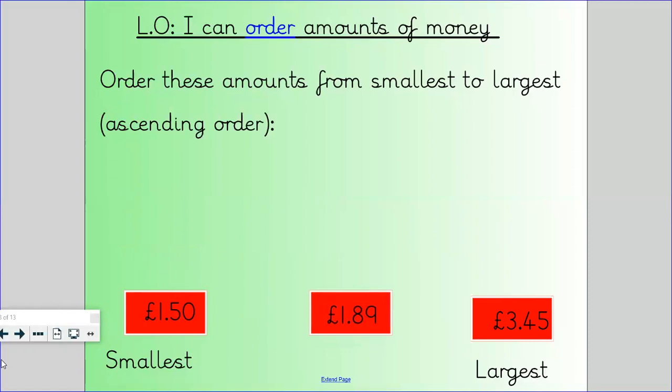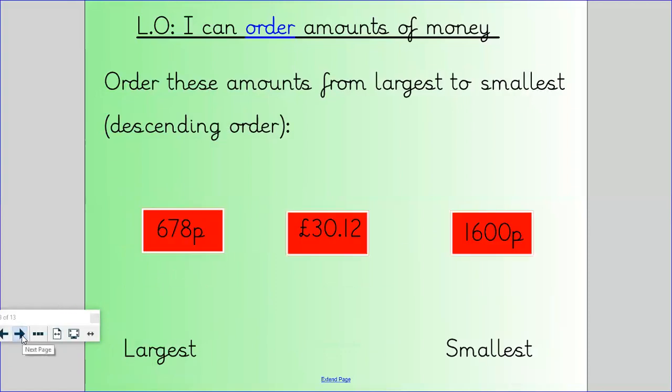Okay. And I've just got one more example of the same thing. However, this time it says, order these amounts from largest to smallest. Be really careful on your sheet. Some of the questions say ascending order, okay, which is the smallest to largest, and some of them say descending order, which of course is going down from the largest down to the smallest. Again, start by converting the amounts all into the same.